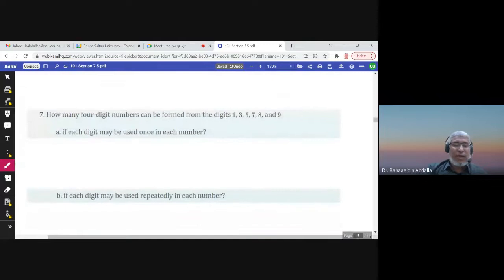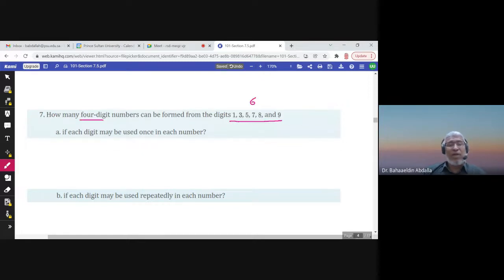All right. How many 4-digit numbers can be formed from the digits? Okay, so these are the possible digits we can choose from, not from 0 to 9, only 1, 3, 5, 7, 8, and 9. 6 possibilities.